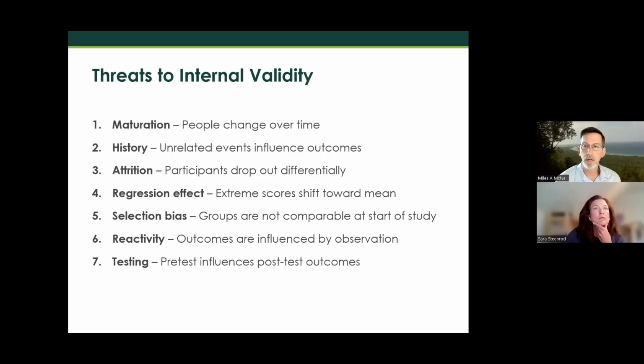It's when your groups are not comparable at the start of the study. Reactivity is when your outcomes are influenced merely by the fact that people know they're being observed or measured. And then testing is when your pretest either sensitizes or changes in some way how people respond to your post-test.